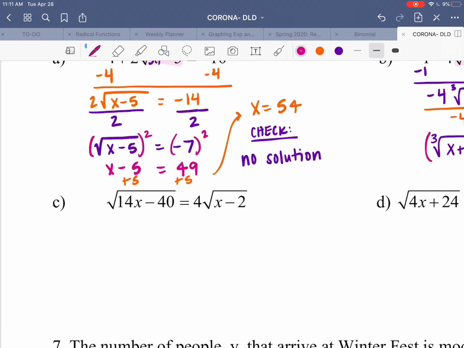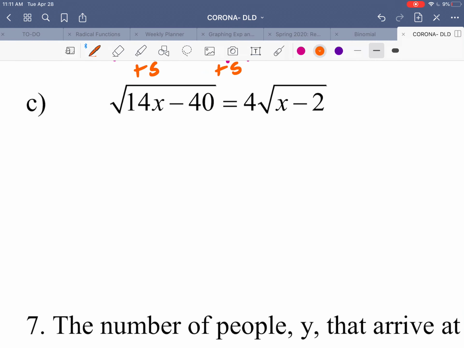Okay, so for C, we have a radical on both sides, so we don't want to divide by 4 here because that would make things confusing. What we want to do is just square both sides. However, when we square both sides, we also have to square this 4.